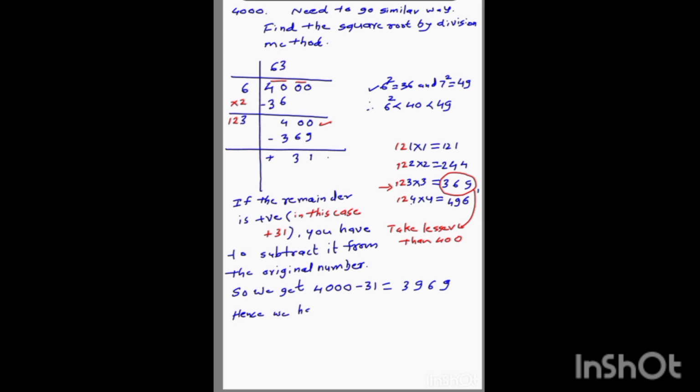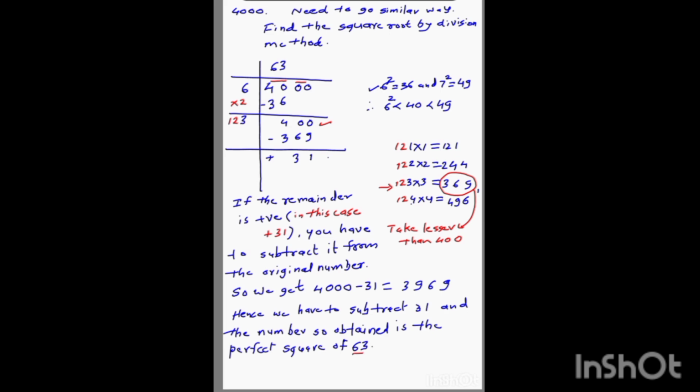So we are supposed to answer two questions. What number should be subtracted is 31, and the resultant number is a perfect square, so it will have a perfect square root of 63.